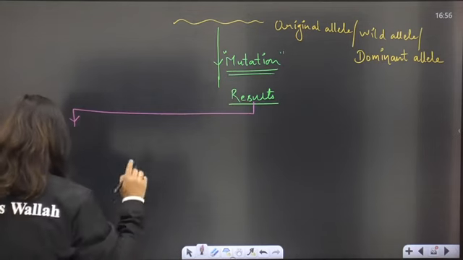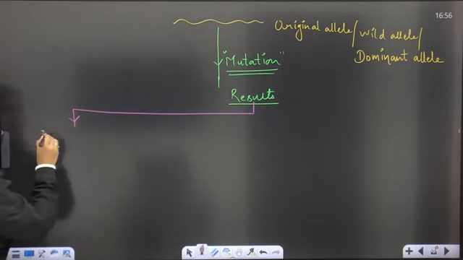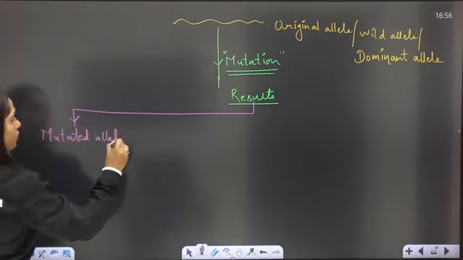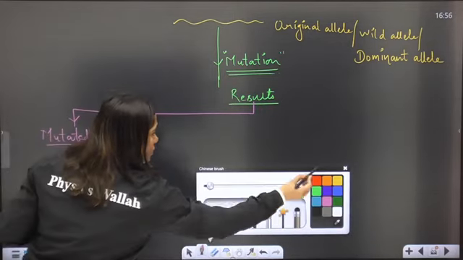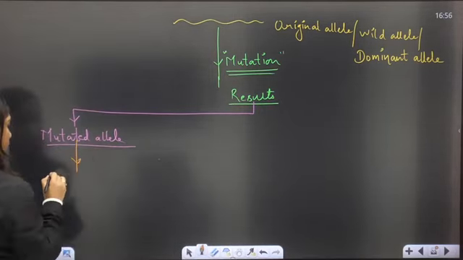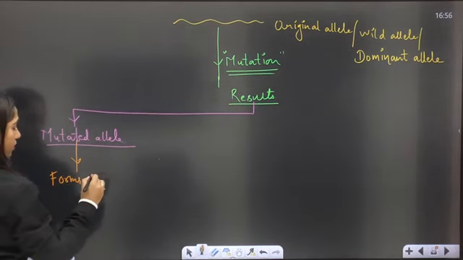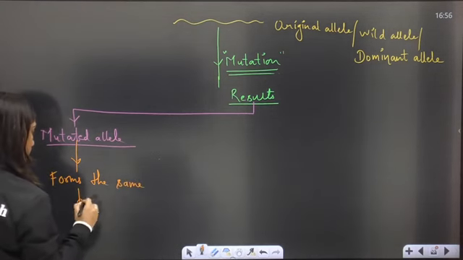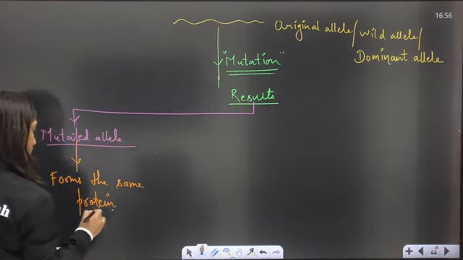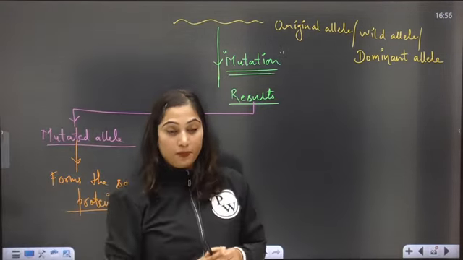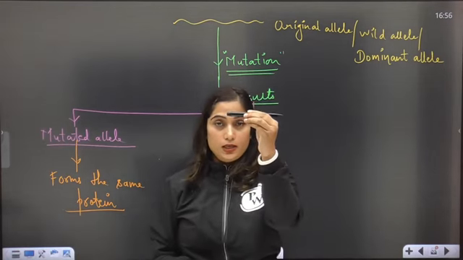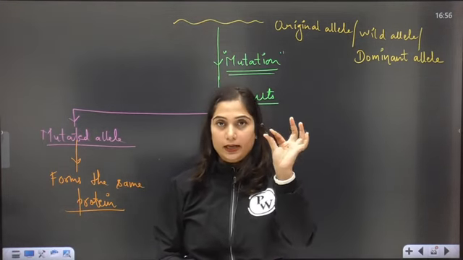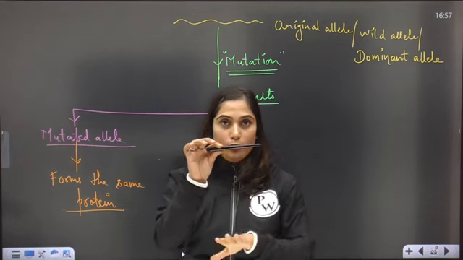First, if this mutated allele, even after mutation, forms the same protein. What I'm saying, you will just understand the point. This is an original allele, and we also call it the dominant allele or the wild allele. This has undergone mutation, right?